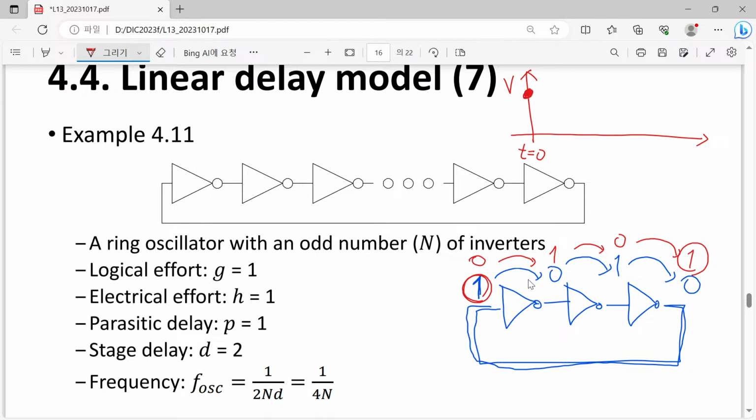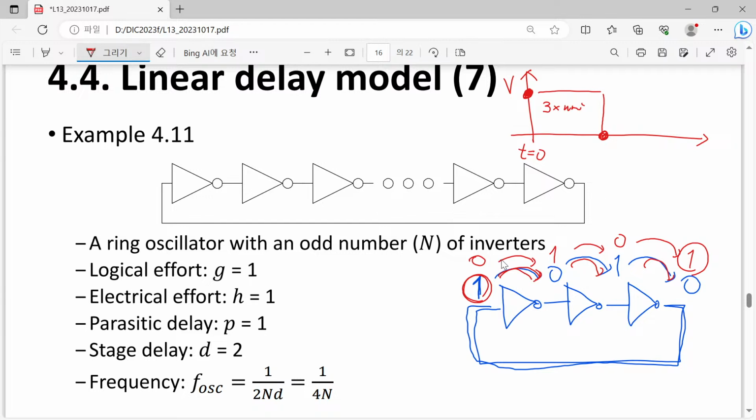Then how long does it take to be changed to logical 0? It takes 1, 2, 3. 3 times of unit transition is required. Okay, 3 times unit transition.